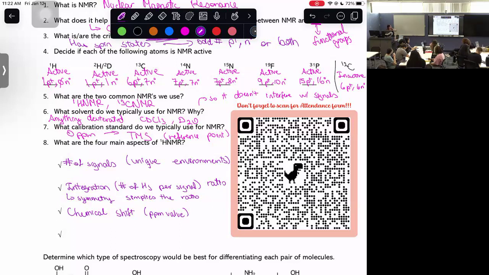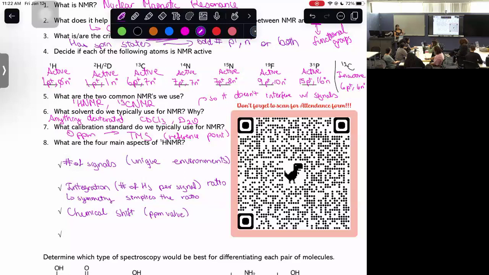Okay, now for chemical shifts, we usually use two different terms to describe the positions. What are they? I heard deshielded, shielded. Okay, what do they mean? What's shielded? It's far away from a functional group. It's far away from a functional group, it's really protected.